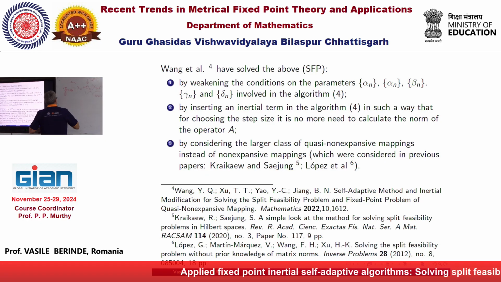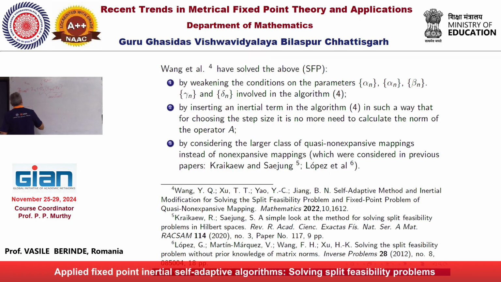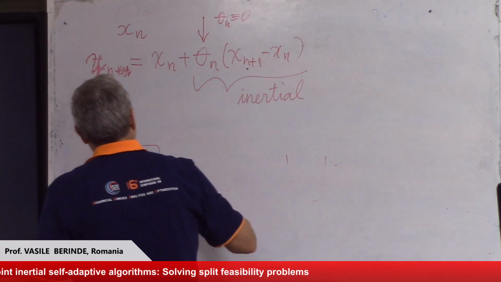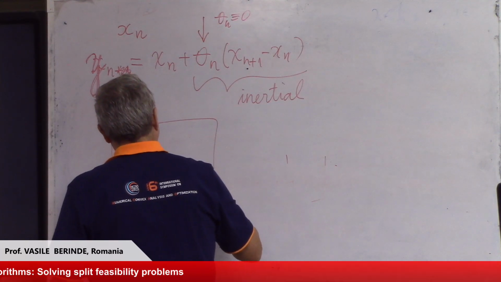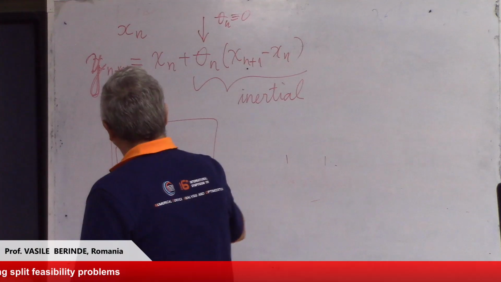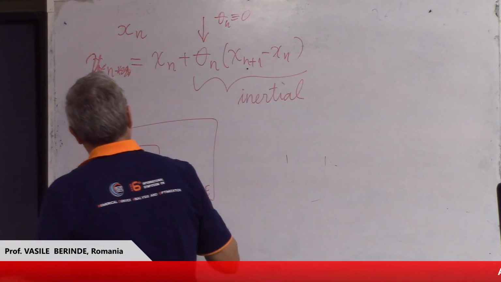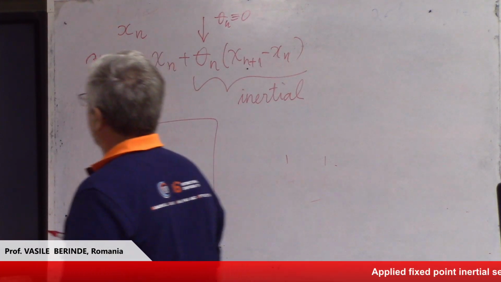So we should have in mind all the time this relation: non-expansive is included in quasi-non-expansive. But they did it in a different way, not in the way we should do by extending from quasi-non-expansive.